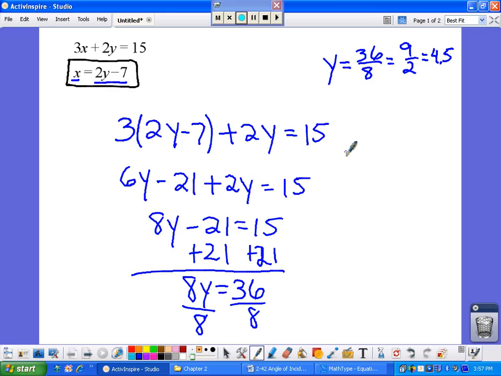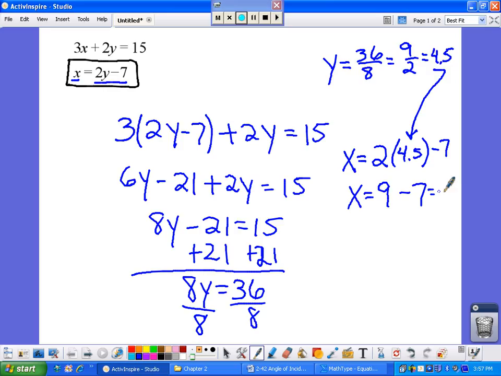So x should equal 2 times 4.5, so I plugged my y value in where I had y before, minus 7. So x would equal 9 minus 7, which is 2, right?